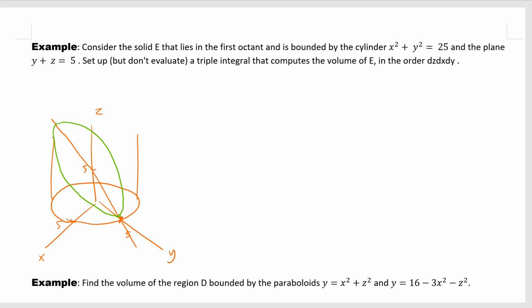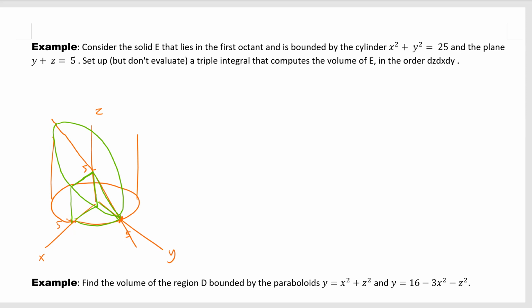Okay, so the solid E is in the first octant. That's why in order to look at the first octant, we need to restrict. So the first octant is this guy. Can you imagine, everybody? Okay, so this is in the first octant.